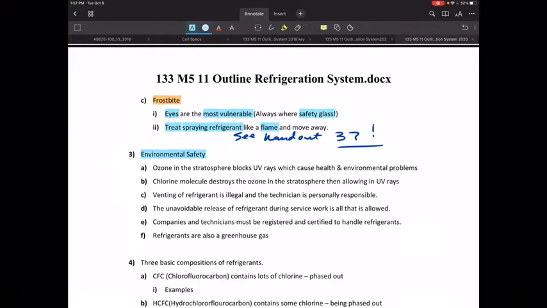Stratospheric ozone in the stratosphere is intended to block UV rays. The concern with UV rays is increases in human health issues, increases in cancer, increases in eye disease.